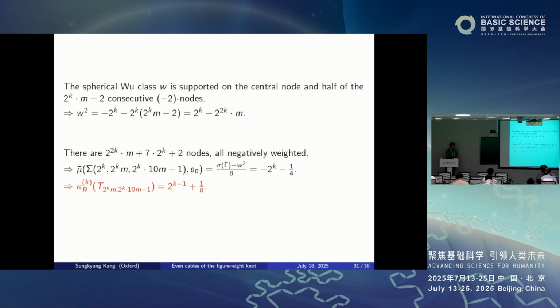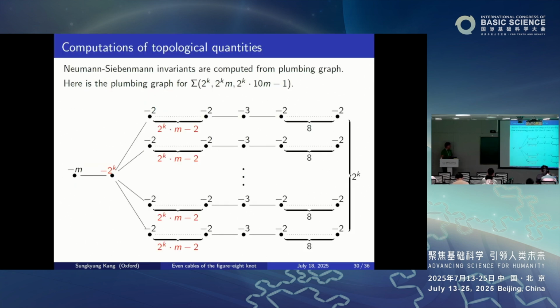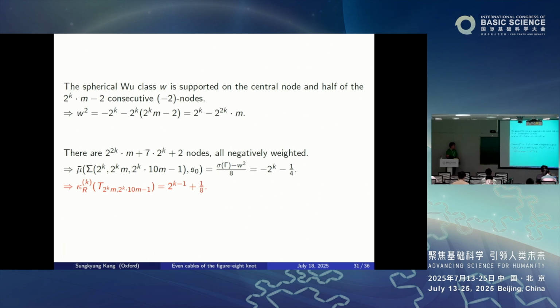Then you also need a signature. However, this tree is negative definite, so the signature is minus b2. You just have to count the number of nodes. There are exactly this number of nodes.